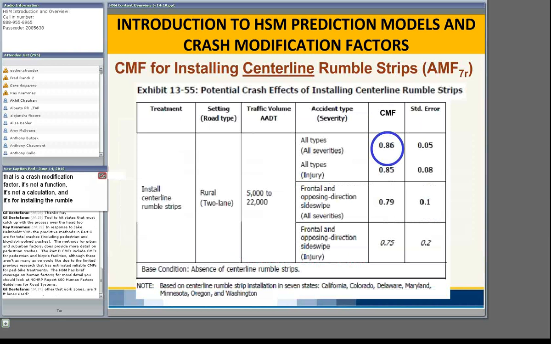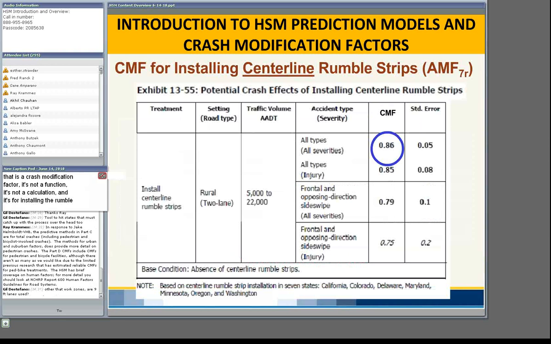We also that completes the overview content and the discussion on predictive methods.